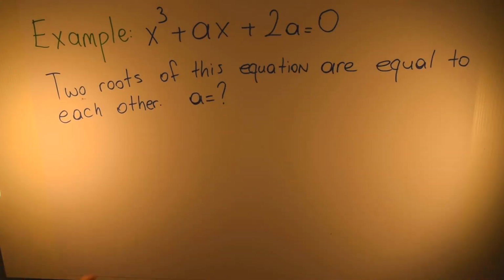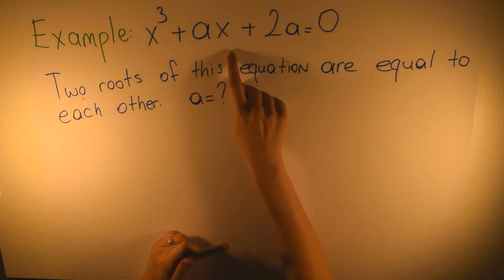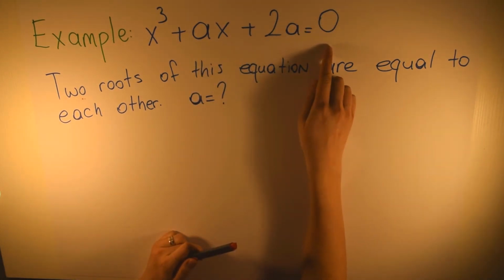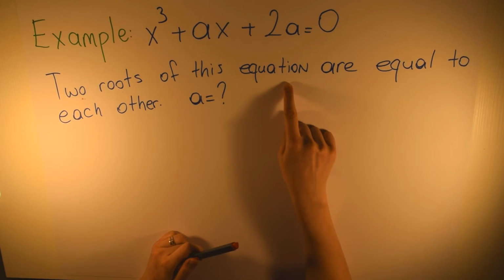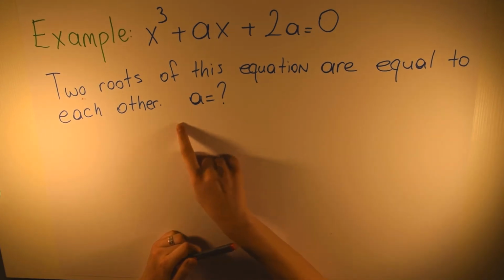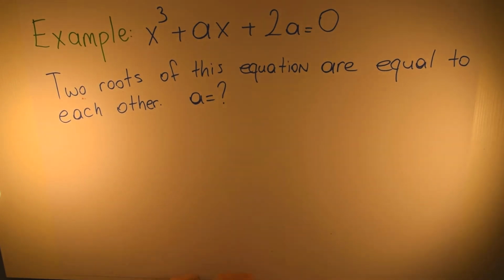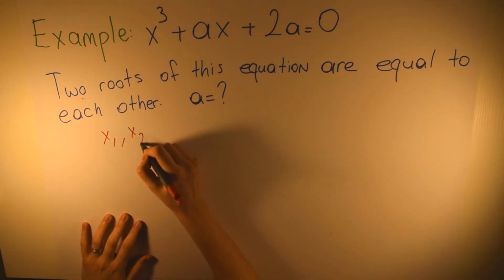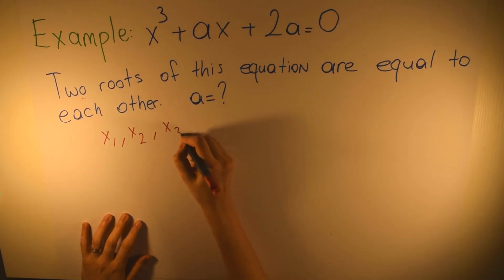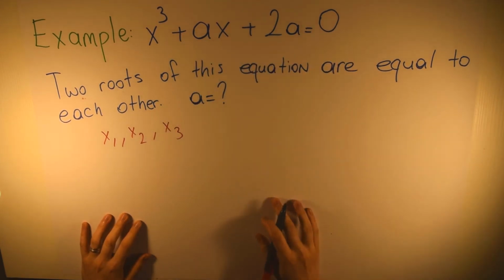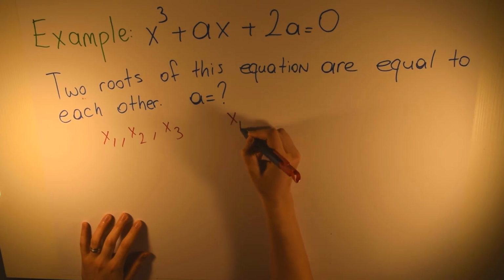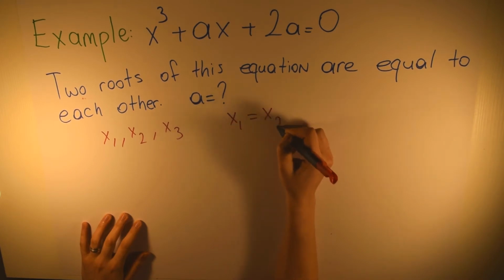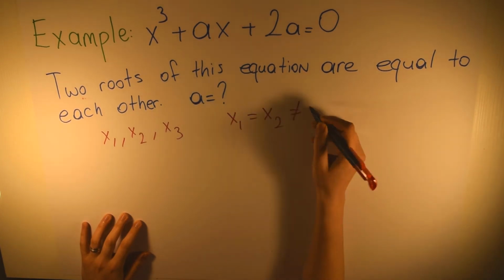Okay, in this example we have x cubed plus ax plus 2a equals 0. Two roots of this equation are equal to each other. What is a? Let's say x1, x2, and x3 are the roots of this equation. Let's say x1 is equal to x2 and x3 is something different from these two.